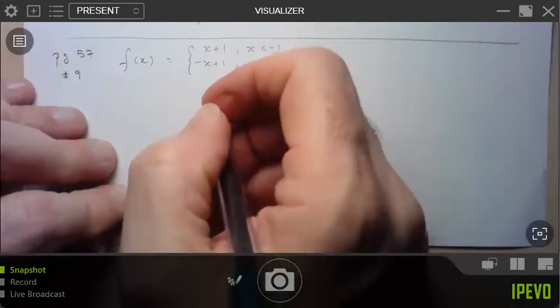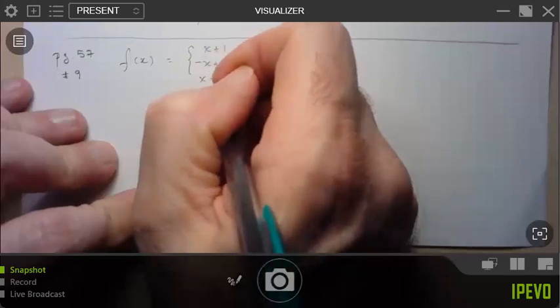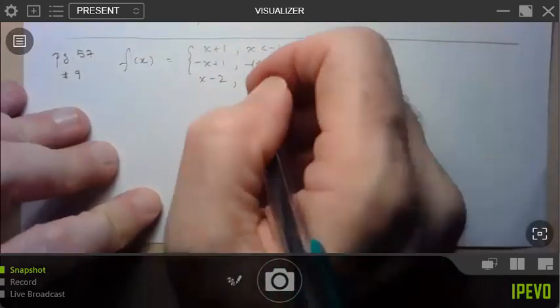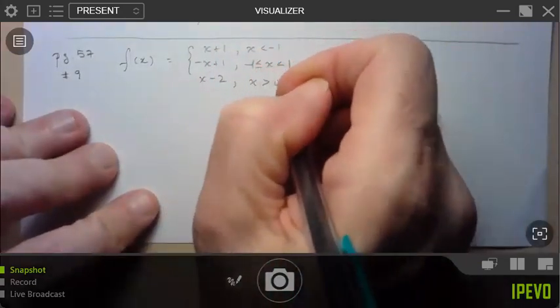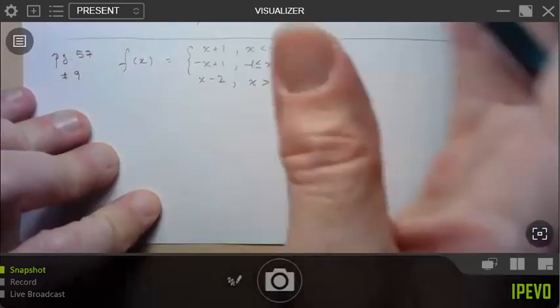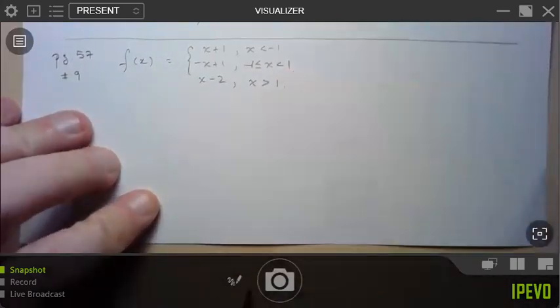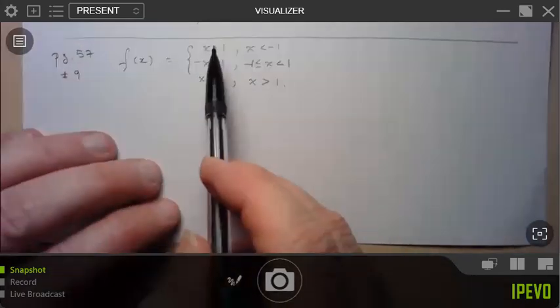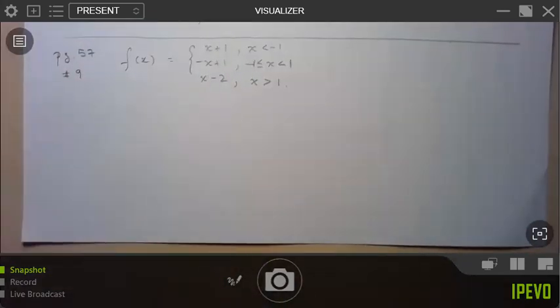And then lastly, x minus 2 for x greater than 1. Okay, so when I take a look at this function here, I notice that each individual part is a polynomial.